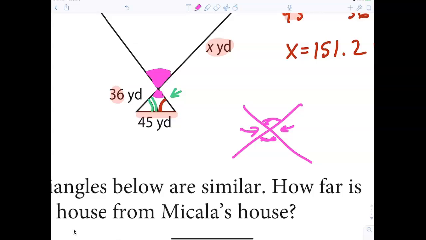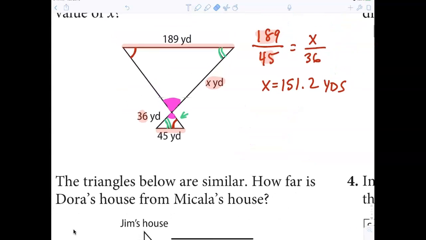Now again, please look up, because if you learn to set things up properly, it's very simple. What I want to do now is explain how I know that x went to 36. Because some kids, and I'm going to put this on the test to see if you're paying attention, a lot of people would accidentally say this side right here corresponds.